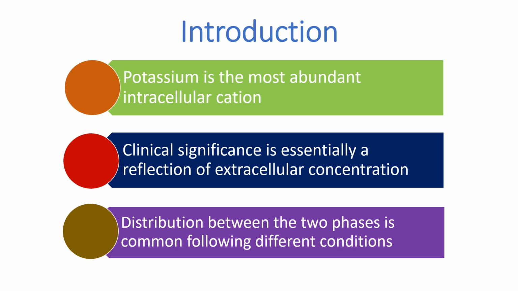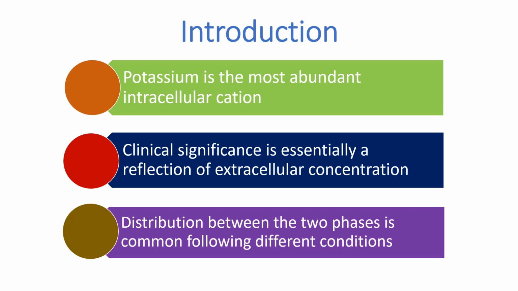These mechanisms ensure that the majority of the potassium is moved from the extracellular space into the intracellular space, in order to ensure that only about 2% of body potassium is retained outside of the cell. So, it is the extracellular potassium, which is routinely measured, that conveys clinical significance.